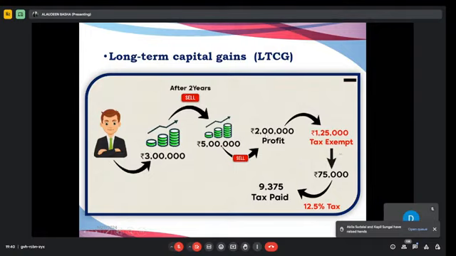You need to pay tax of 12.5% on 75,000, that means 9,375. Clear? Yes, sir. This is the basic calculation of long-term capital gain.